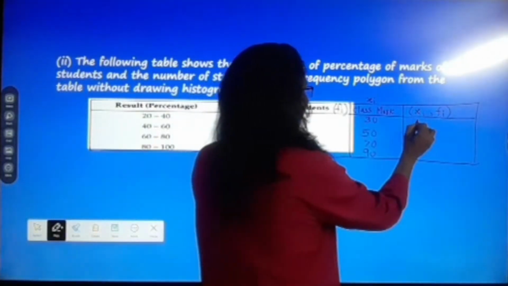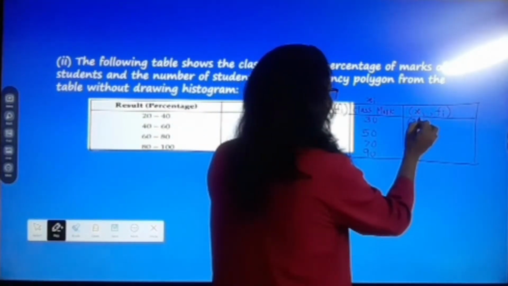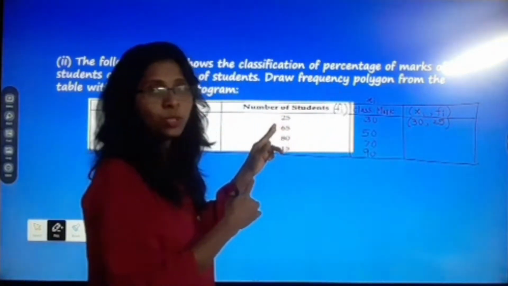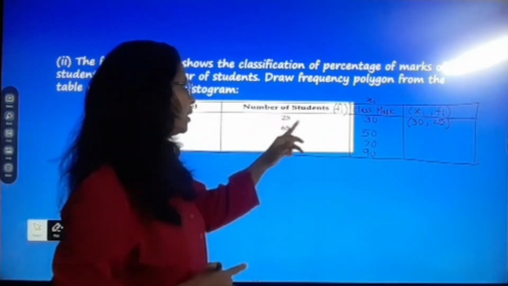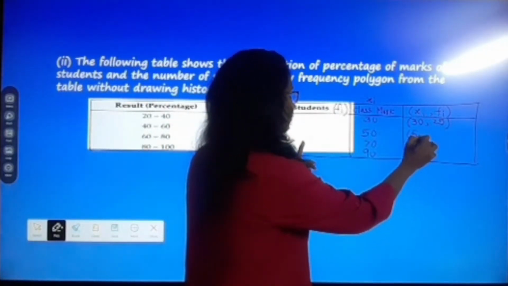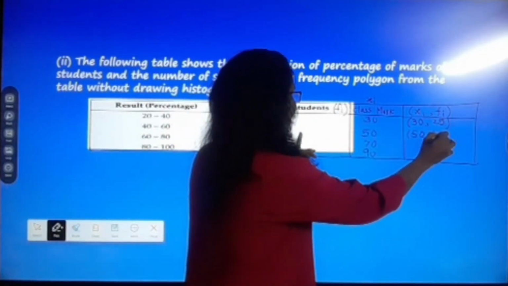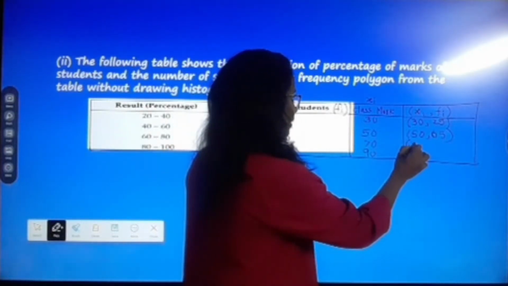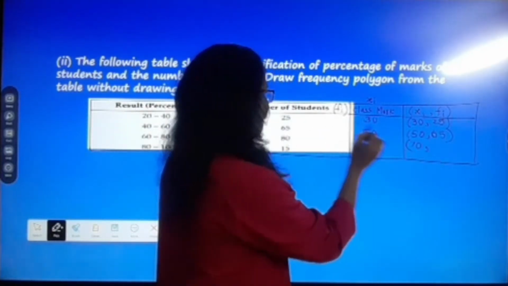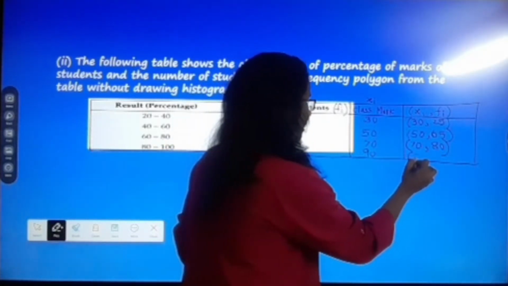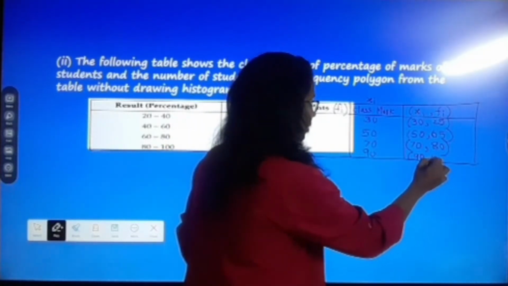The xi fi values are: 30, 25; observe here, students, 50, 65; then 70, 80; and the fourth one, 90, 50.